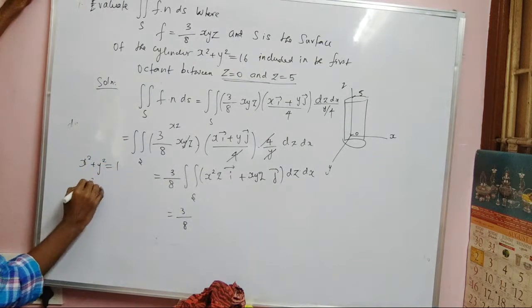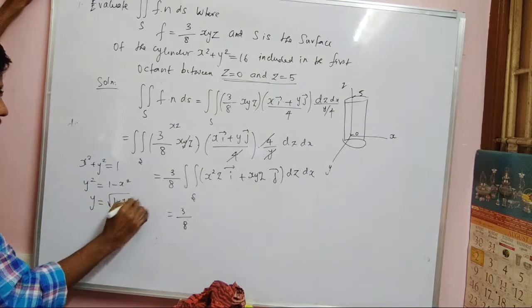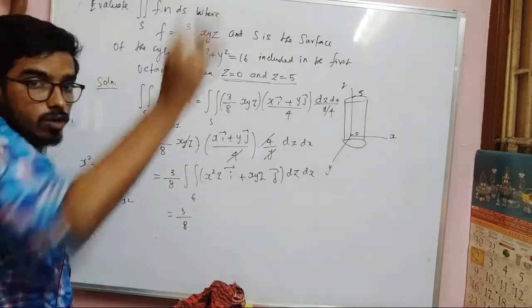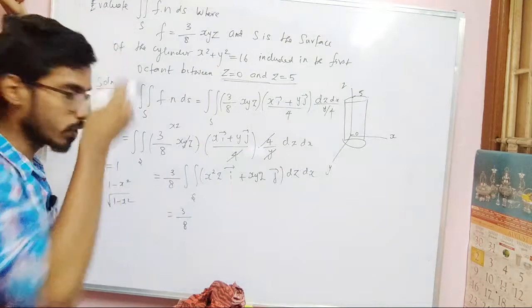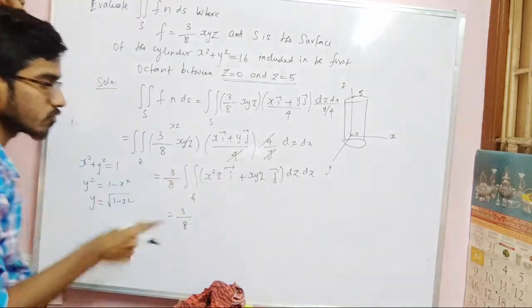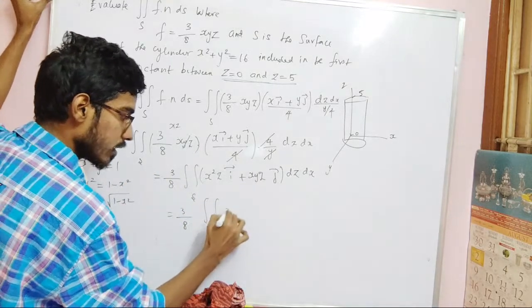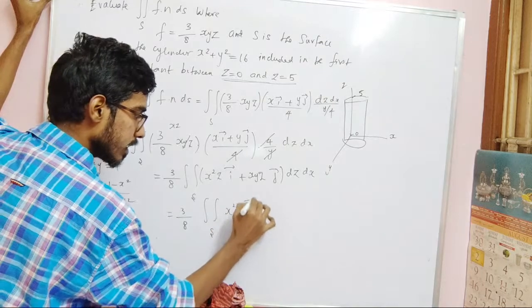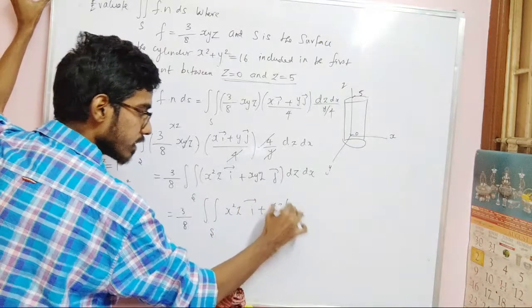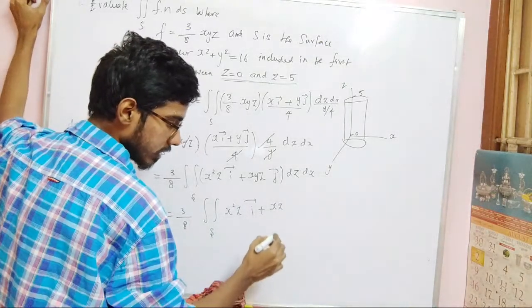That means I am going to transform y as square root of 1 minus x square, because we are integrating with respect to dz dx but we have y. So we have double integral over S x square z i vector plus xz, in place of y I am going to write square root of 1 minus x square.